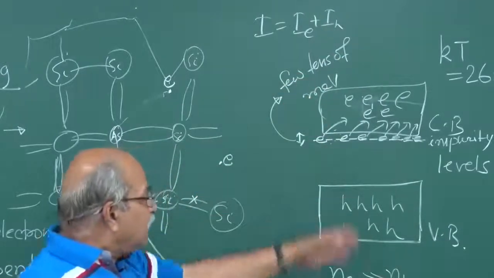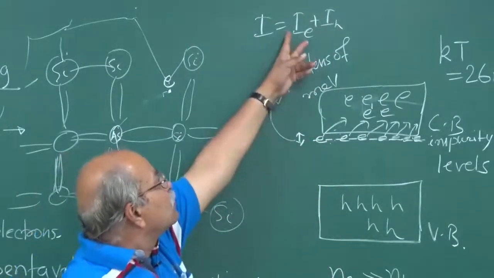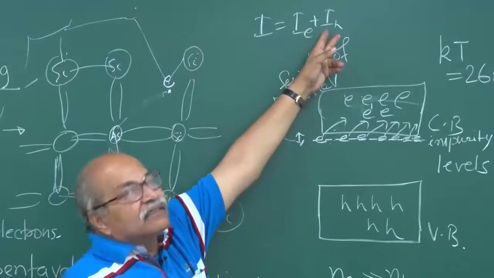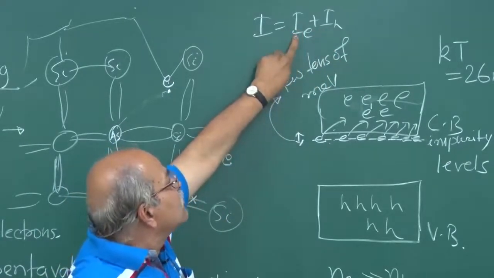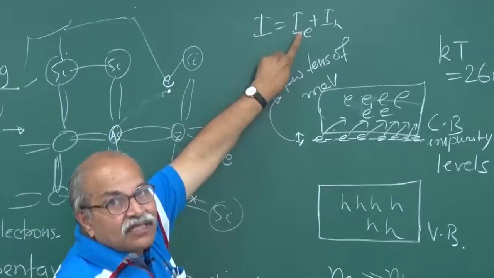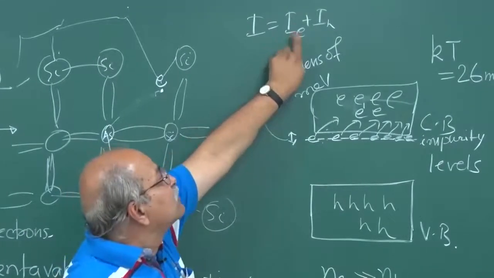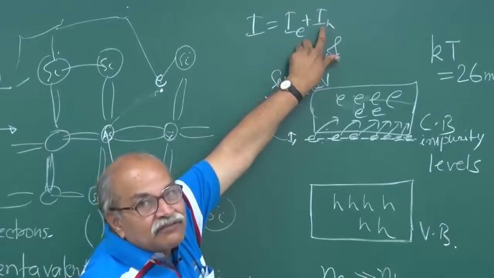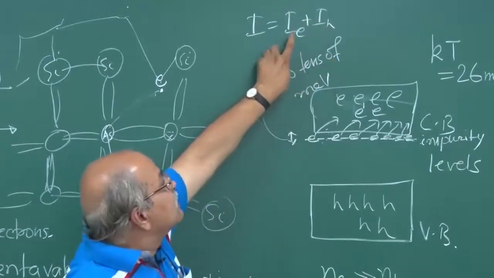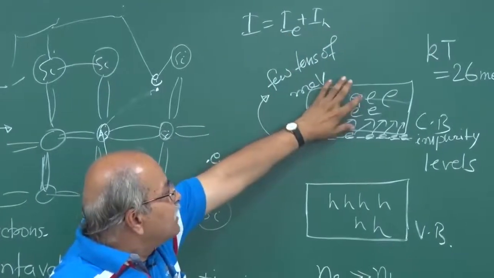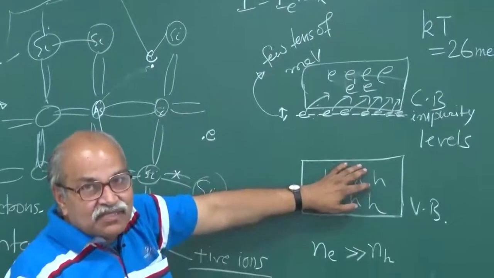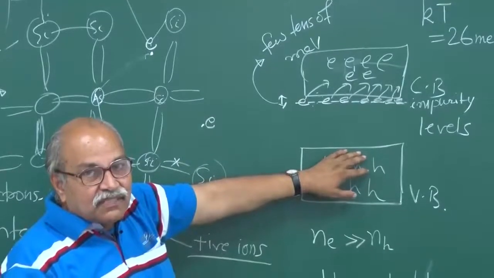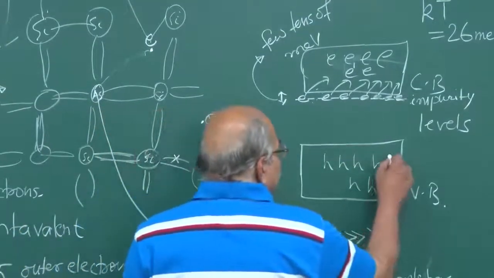Now in this kind of doping, this contribution is much more than this, right? This contribution to current because of these electrons, conduction electrons, is much more as compared to the contribution from these holes.